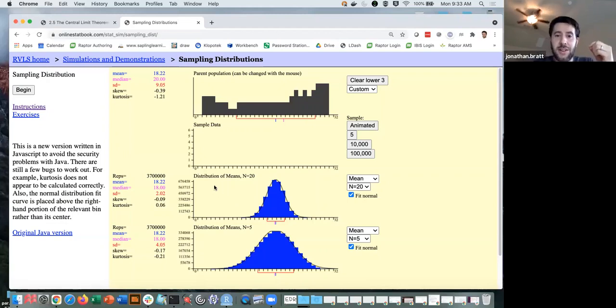I could do an animation, but I don't have an individual sample here right now, though I will in a minute. It doesn't have a calculation of standard deviation for me. But you can see that if my sample size goes up by a factor of 4, from n equals 5 at the bottom up to n equals 20 at the top, the standard deviation went from 4.05 to 2.02.